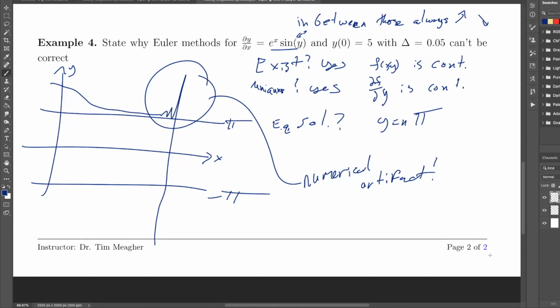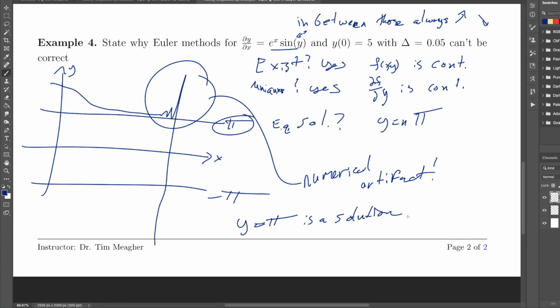And so this isn't true, right? So state why, when we type Euler's method into the computer, it is not correct. Because this can never cross pi. y equals pi is an equilibrium solution.